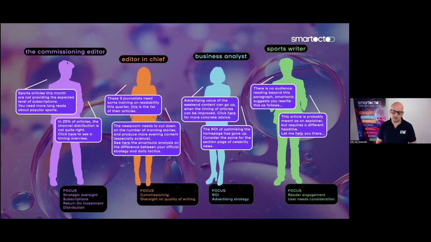The business analyst will have questions about the ROI of the homepage, and maybe the sports writer will ask which paragraphs do I really need to improve? Well, this already is something that the SmartOcto AI system will do. It will show you which paragraphs are not doing great, and with SmartOcto AI, currently already, you can override these paragraphs immediately and have some suggestions there as well.